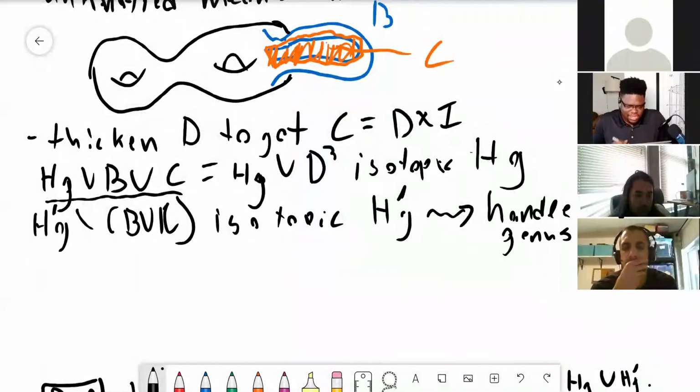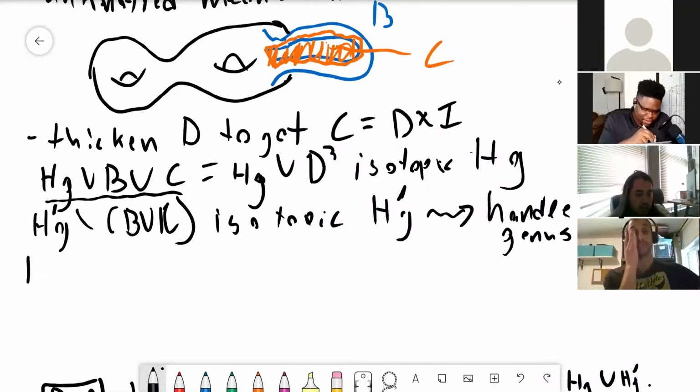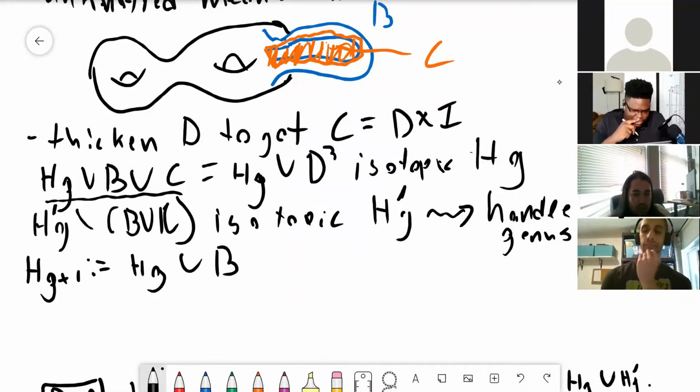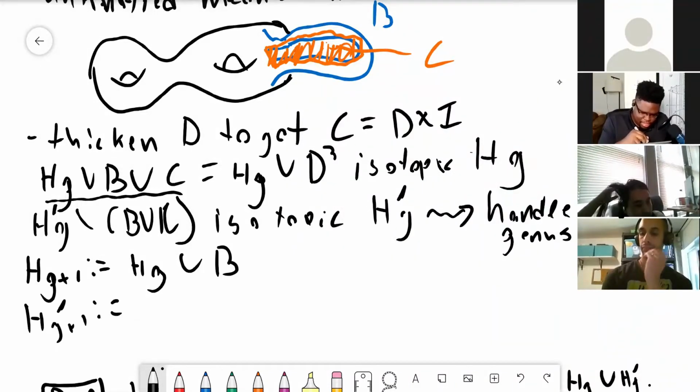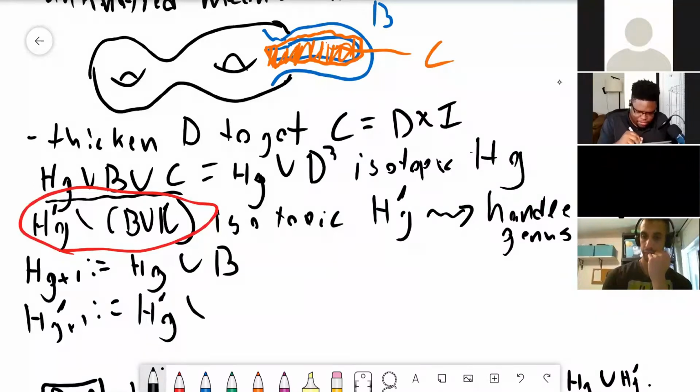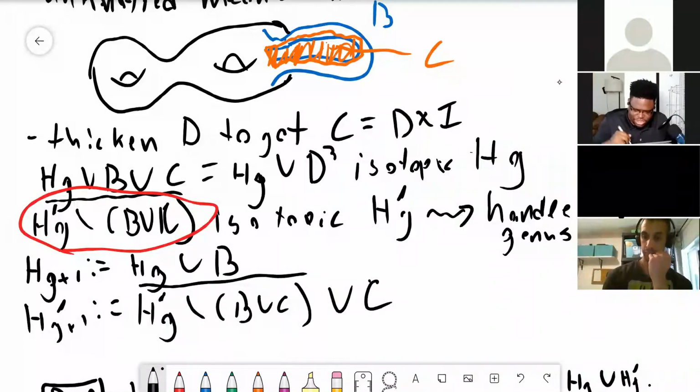So now you can kind of see how we're going to build this Heegaard splitting with one more genus, right? I call this H_{G+1}. Well, we're just going to take our original genus G handle body and just glue on this one handle B. And H_{G+1} prime, we're going to take H_G prime minus B union C, take the closure of it, and then glue C back in.